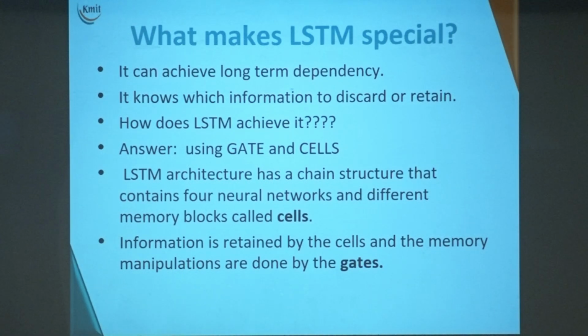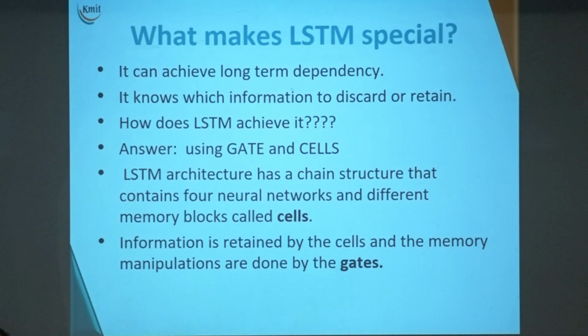So the LSTM architecture has a chain structure that contains 4 neural networks and different memory blocks called cells. Information is retained by the cells and the memory manipulations are done by gates. Are you clear now how we are able to achieve this long-term memory? It's not exactly long-term memory. I am saying important parts of the keywords will be retained until you predict your output.